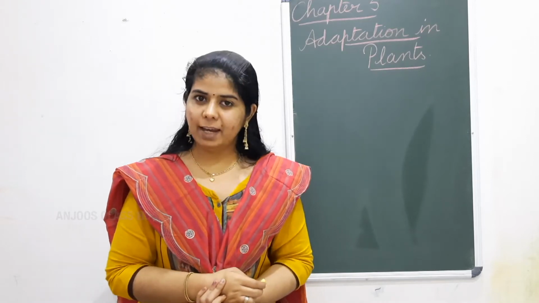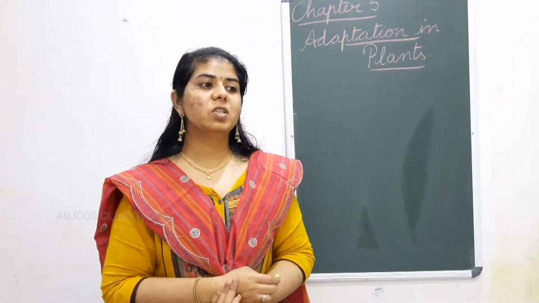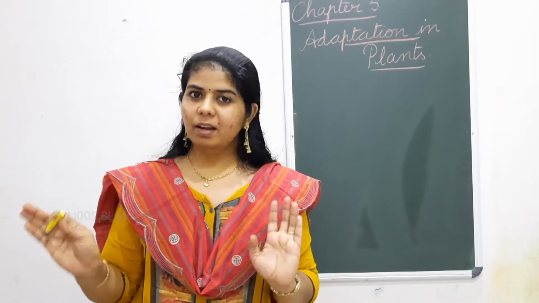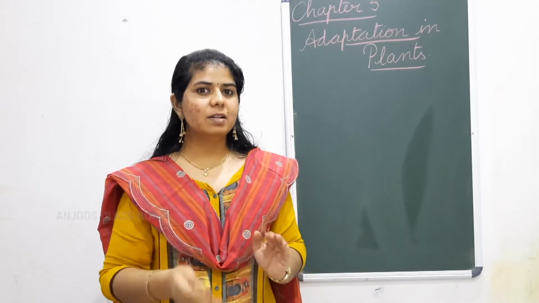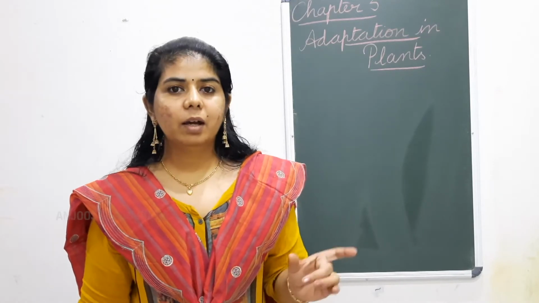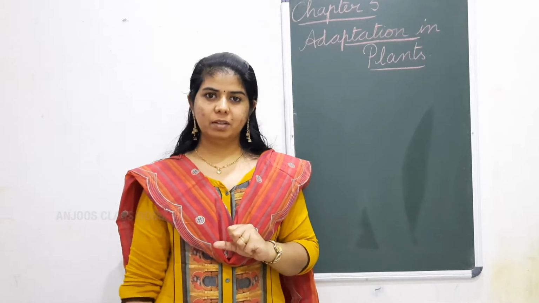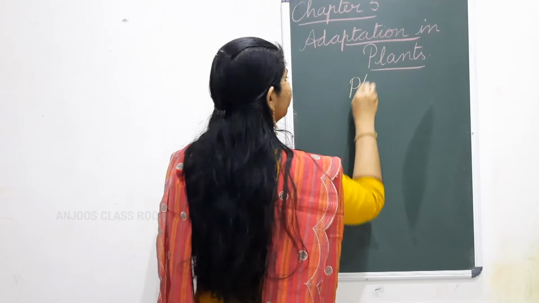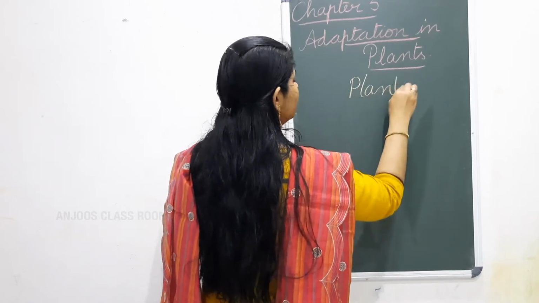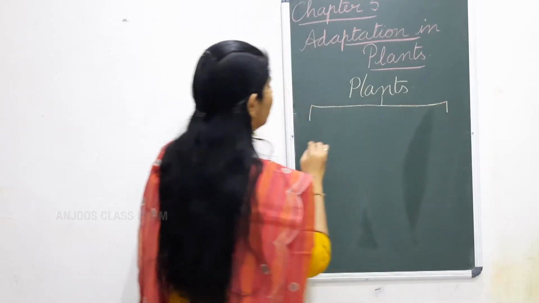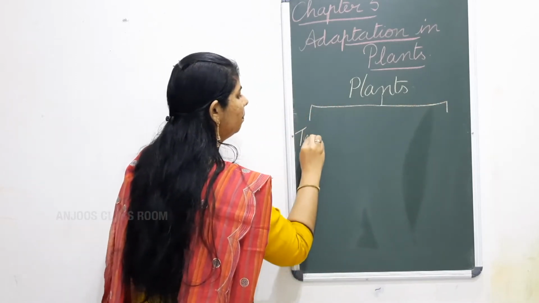In the same way, there are plants which live on land. Most of the plants are on land, and also there are plants which live in water, called aquatic plants. So we are dividing the plants into two. First, the plants that live on land are called terrestrial plants.